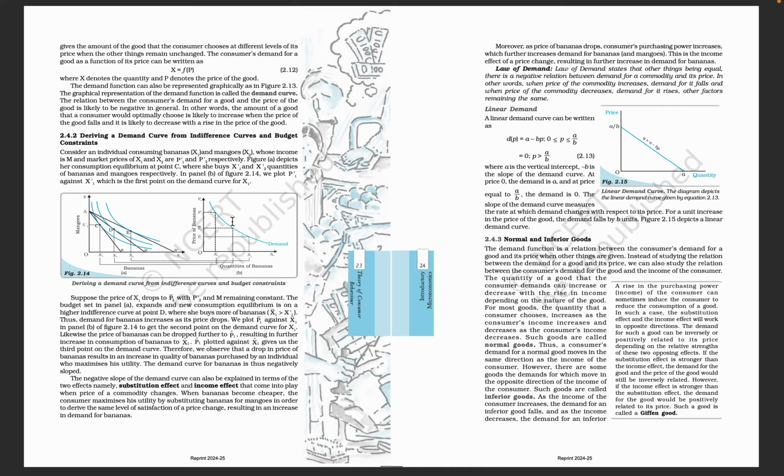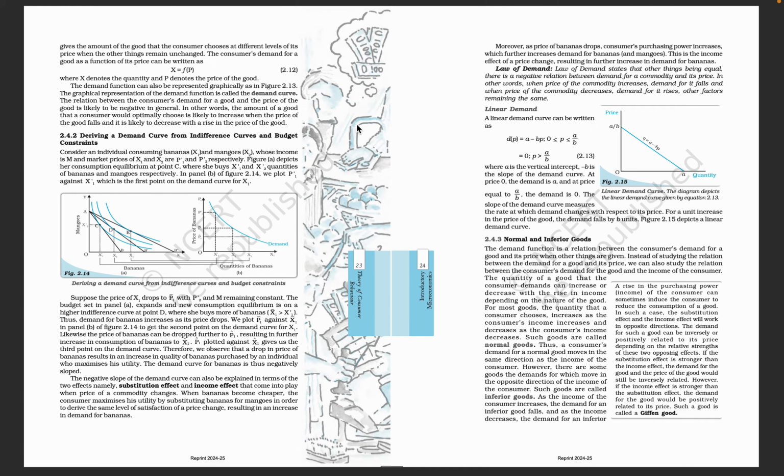The negative slope of the demand curve can also be explained in terms of the two effects, namely the substitution effect and the income effect, that come into play when the price of a commodity changes. When bananas become cheaper, the consumer maximizes his utility by substituting bananas for mangoes in order to derive the same level of satisfaction for a price change, resulting in an increase in demand for bananas.